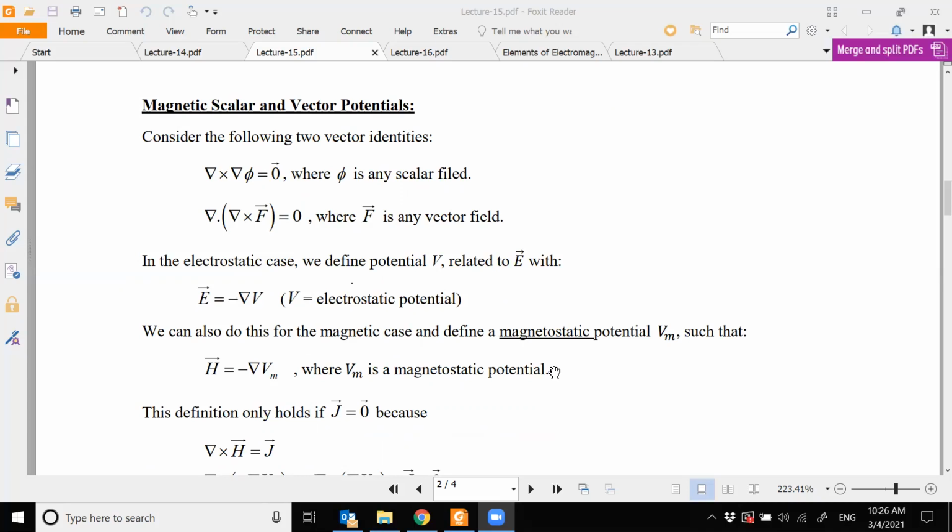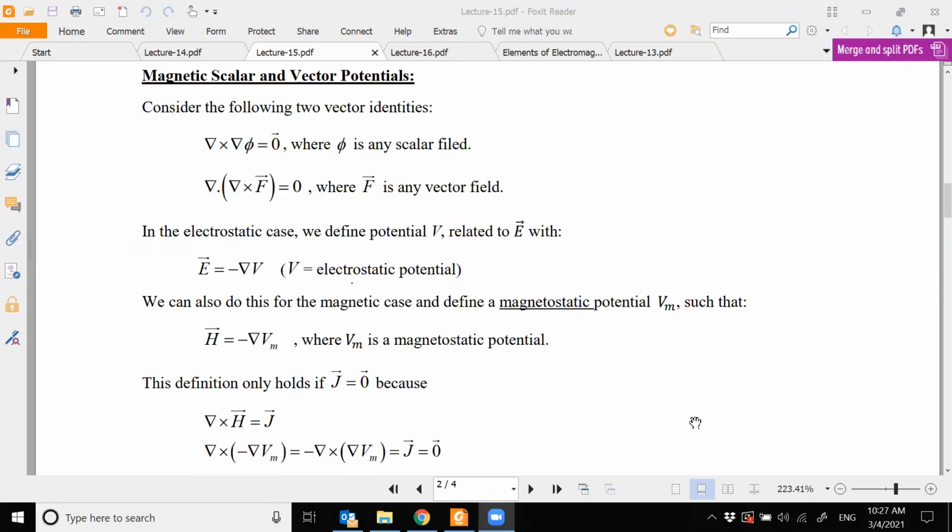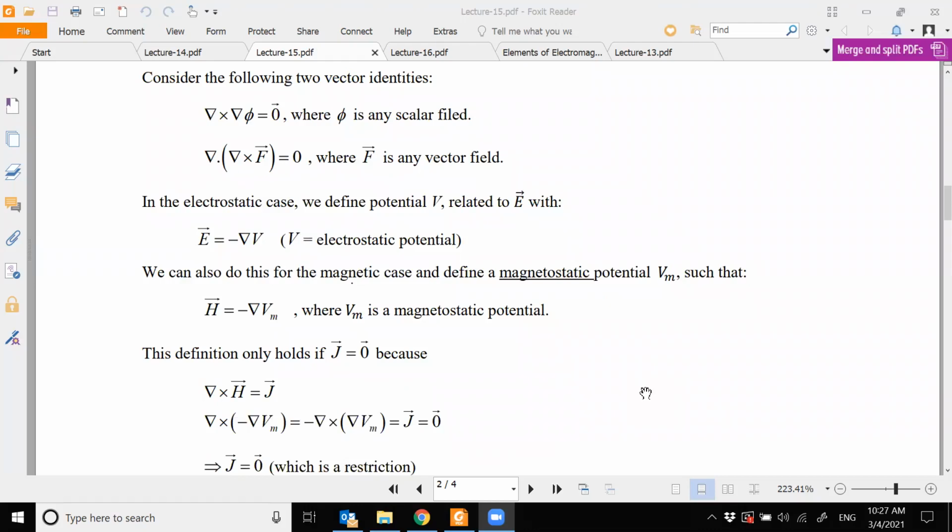The magnetic field which exists in free space or in any material will be responsible for the magnetic potential in that material. But here there is a little bit of understanding which we require, and this comes from the mathematical formulation. So just remember these two mathematical relationships. What are these two vector identities?